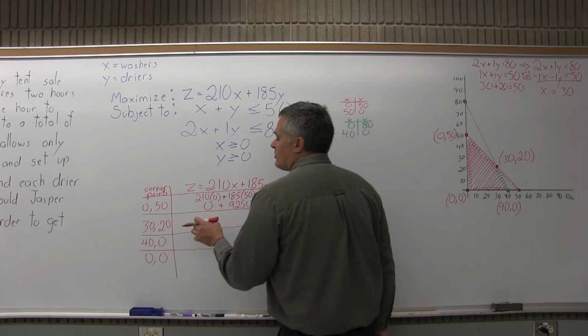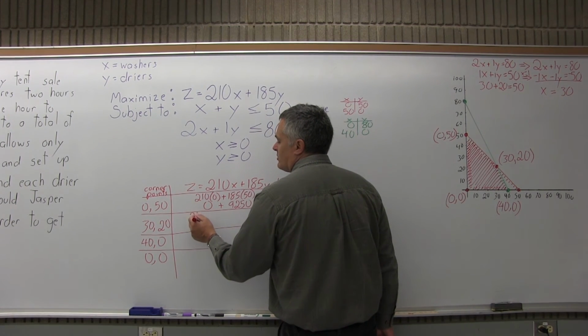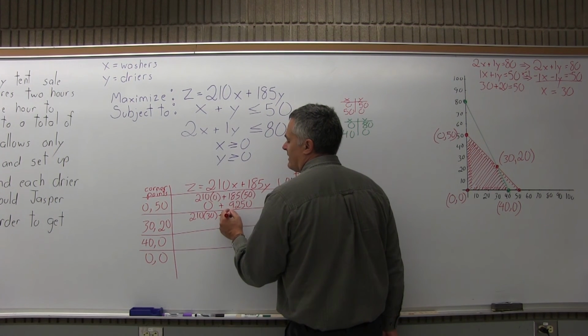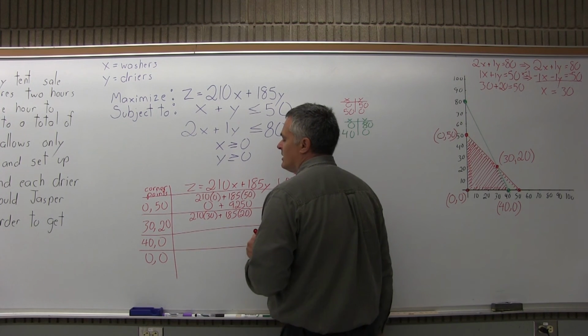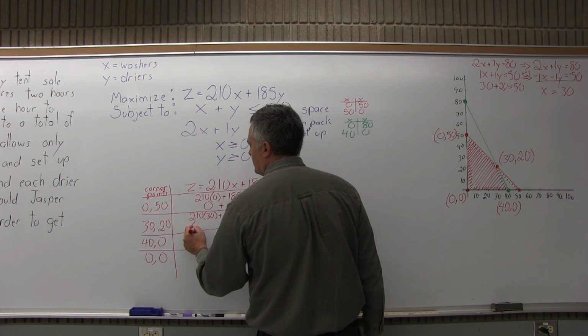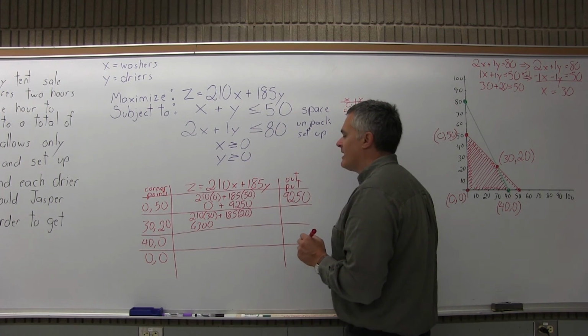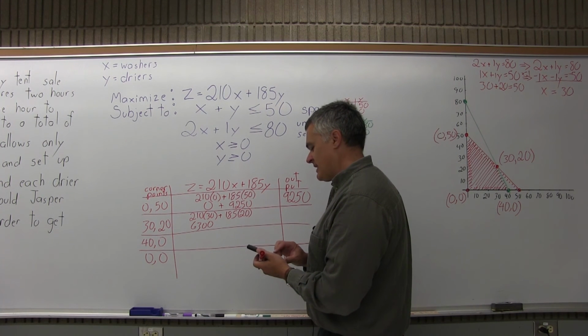The next corner point, 30, 20, I will plug into my objective function. So in the objective function, the 210x becomes 210 times 30, and the 185 times y becomes 185 times 20. So 210 times 30 will be 6,300. And the 185 times 20 should be 3,700.